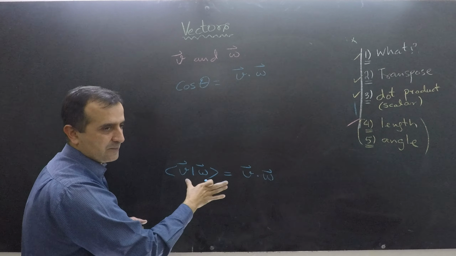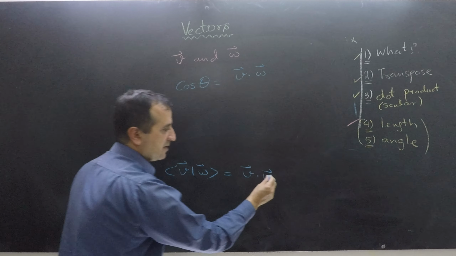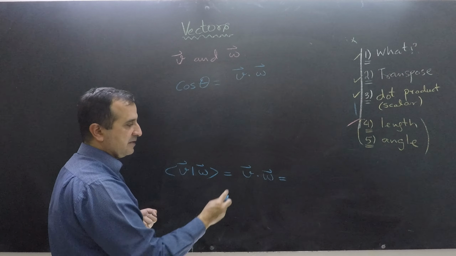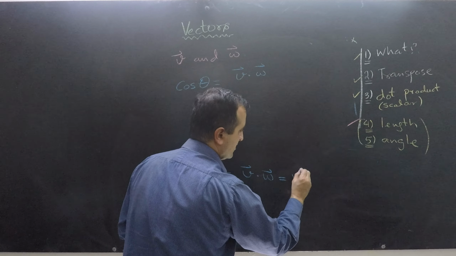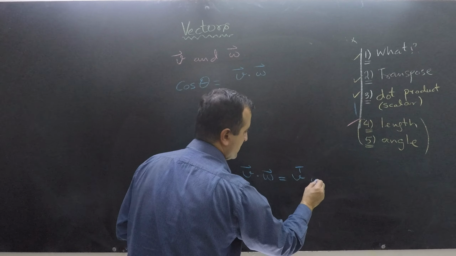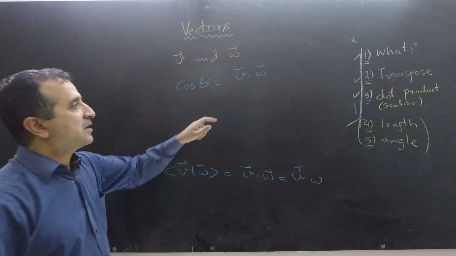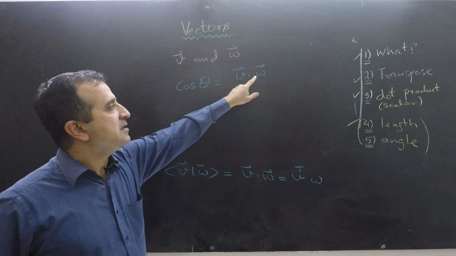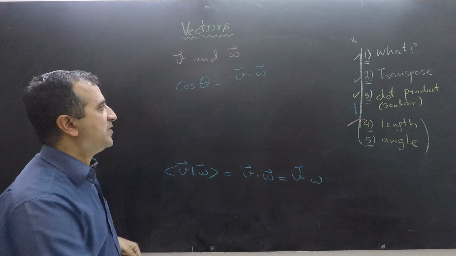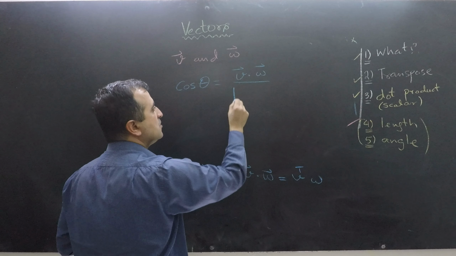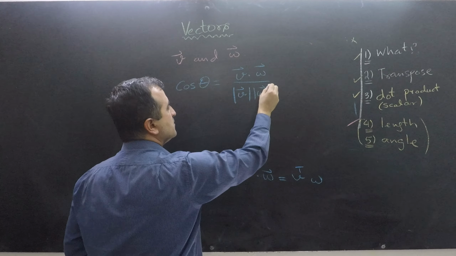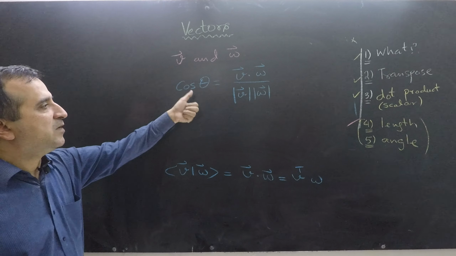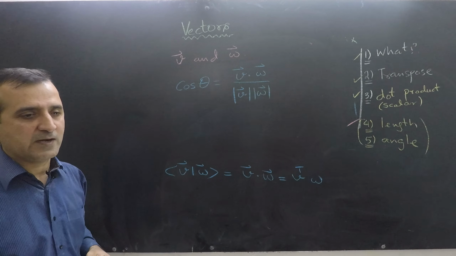These notations are the same, and the result of this thing is that we take the transpose of the first vector times the second vector. That's our answer. So now we are writing the dot product of v and w divided by the length of v times the length of w. That's my formula, and I can use this formula to find the angle between those two vectors.